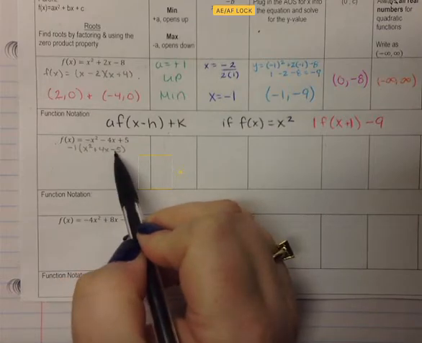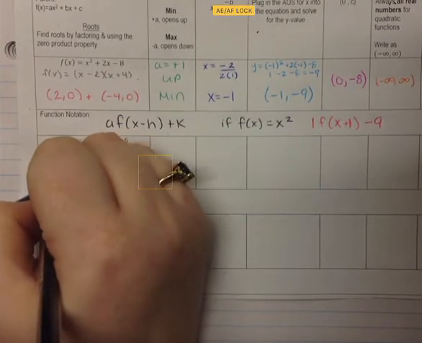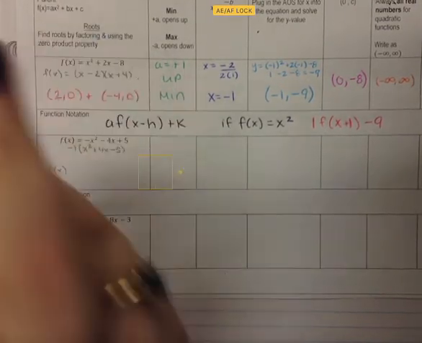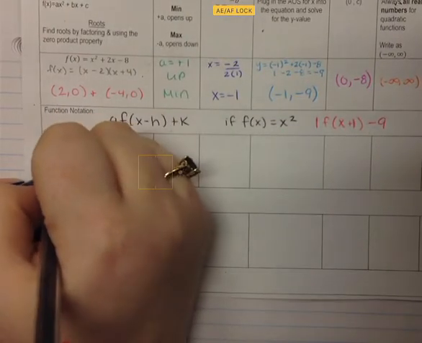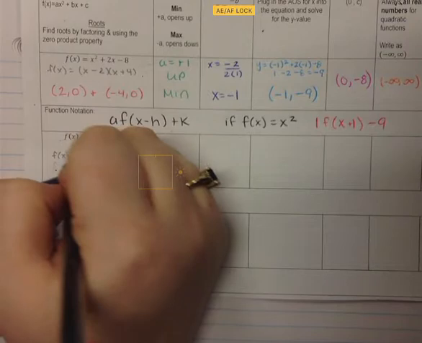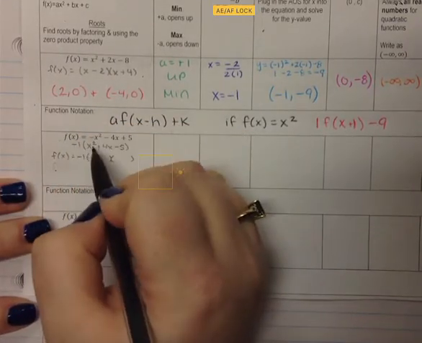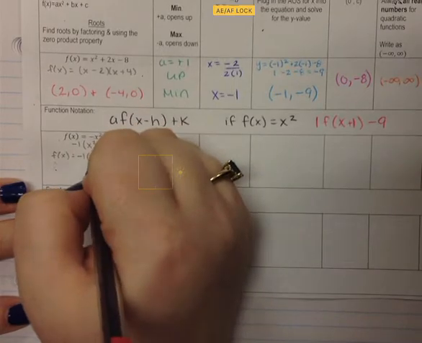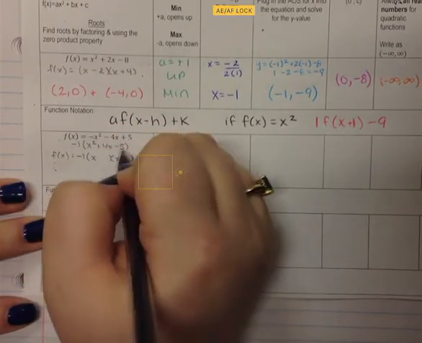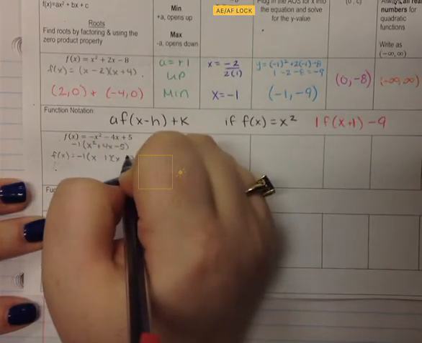Now we can factor this trinomial. So f of x equals -1 parentheses. We're going to do 2 sets of parentheses. Factors of x squared are x and x. Factors of 5 are 1 and 5, and that's it.